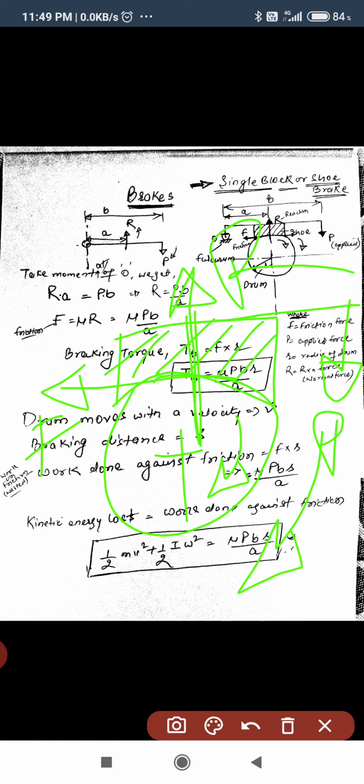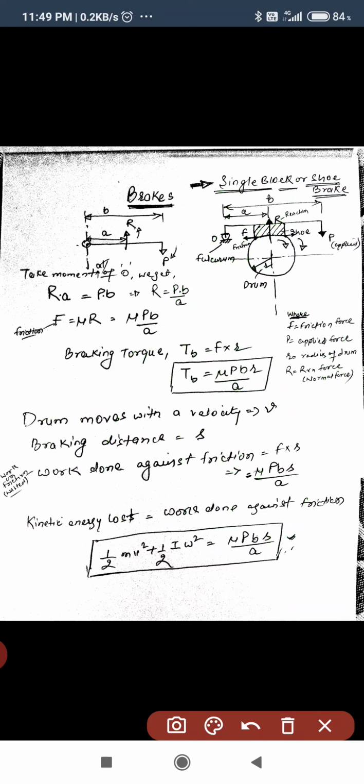Now we will take a moment at point O, that is the fulcrum point, and the distances B and A are given accordingly from the different positions. So you must know the distances that I wrote on this sheet. Please carefully see all those distances.